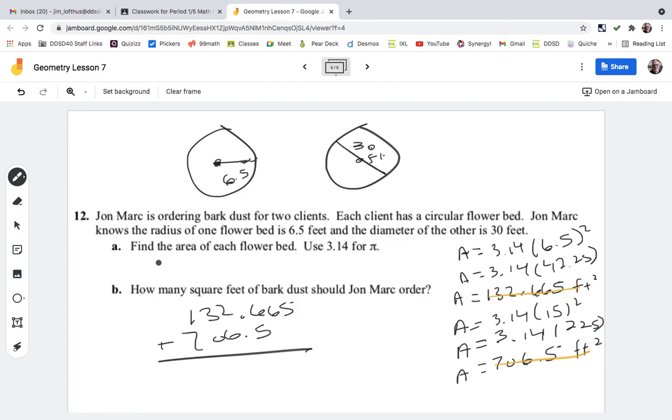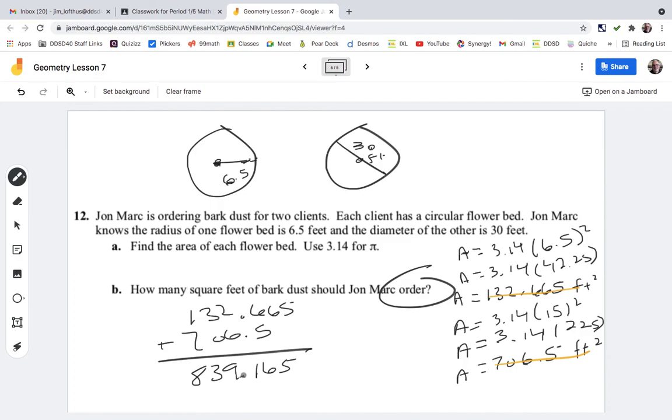Okay, so let me do it again. 706.5 plus 132.665, that's better. 839.165.